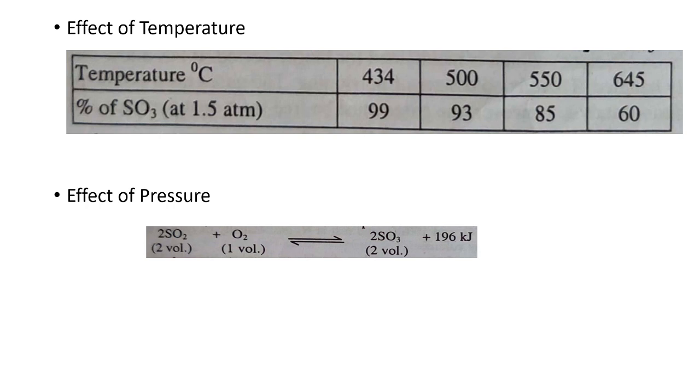That means the chances of adsorption of new molecules are less, and therefore with increase in pressure you won't get the desired amount of yield of sulfur trioxide. So due to this reason, high pressure is not employed. The process is therefore carried out at a pressure of 1.5 to 1.7 atmosphere.